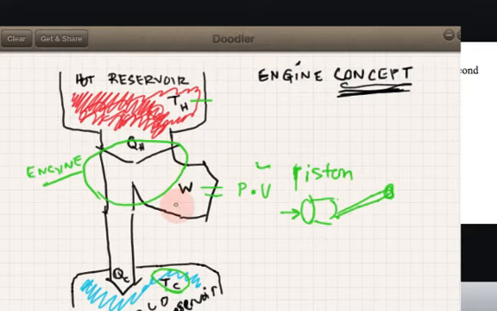That's where the work is done. That expansion also causes the gas to cool, but it still has some heat in it. And then when you open up the valve and push that gas out, that's when the heat is rejected to the lower temperature reservoir. So that's why this represents the engine concept: high heat, work, and then heat at the cold temperature.